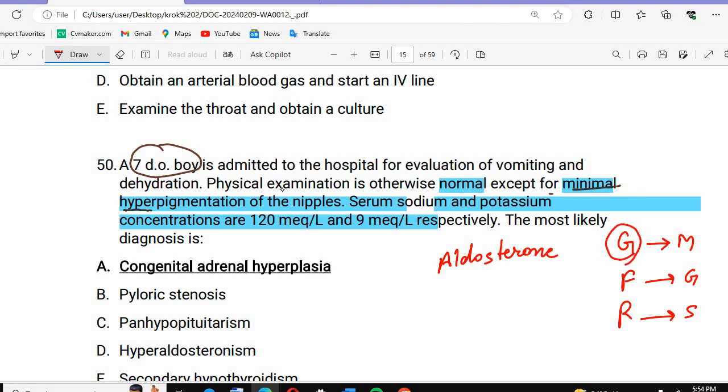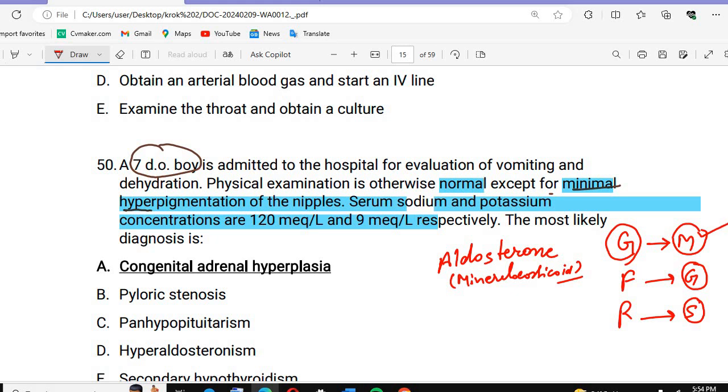Zona glomerulosa secretes the mineralocorticoid, which is aldosterone. Fasciculata secretes glucocorticoids. Reticularis secretes the sex corticoids.